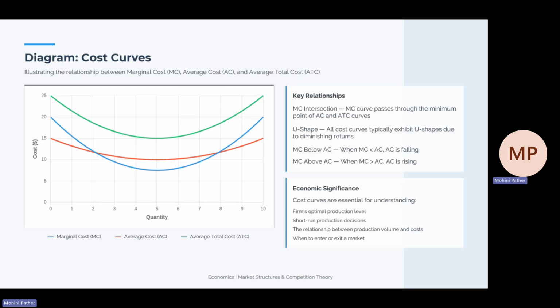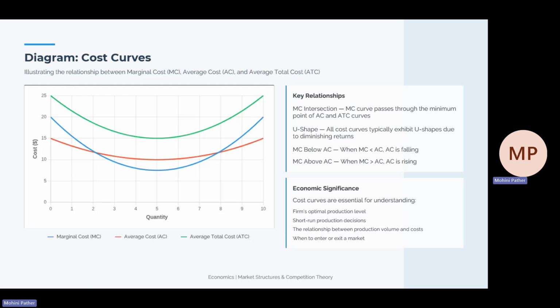Now, what this all implies with the U shape is that all of your cost curves have diminishing returns. As you increase your quantity produced, costs initially decrease as the cost is spread out across each product you produce.